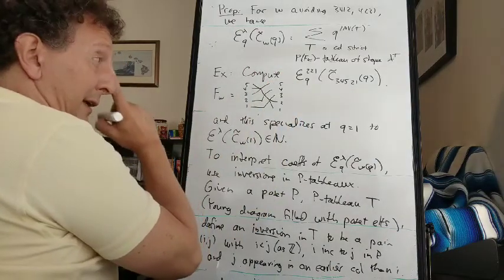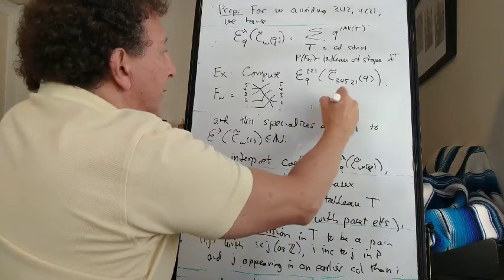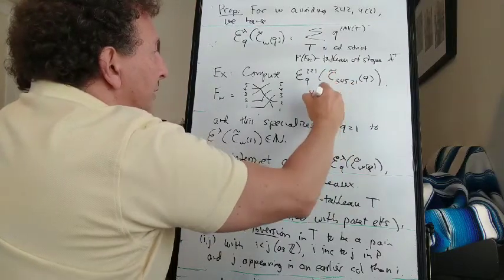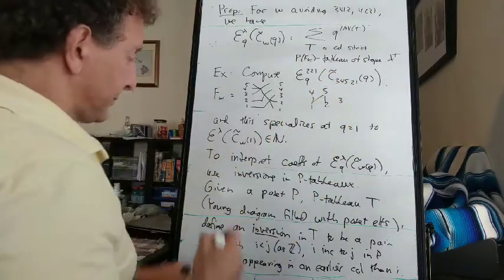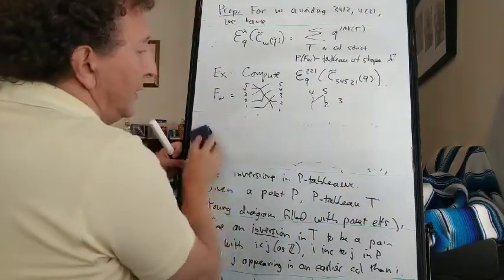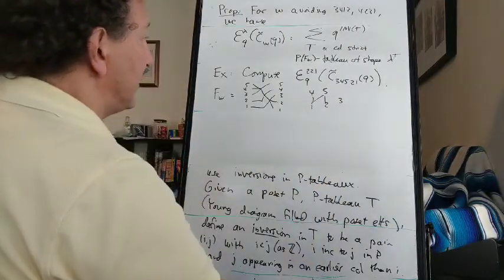And if we look carefully at the paths and the poset that they form, then the poset looks like this. And we're going to sum over column strict tableau of shape 3, 2.